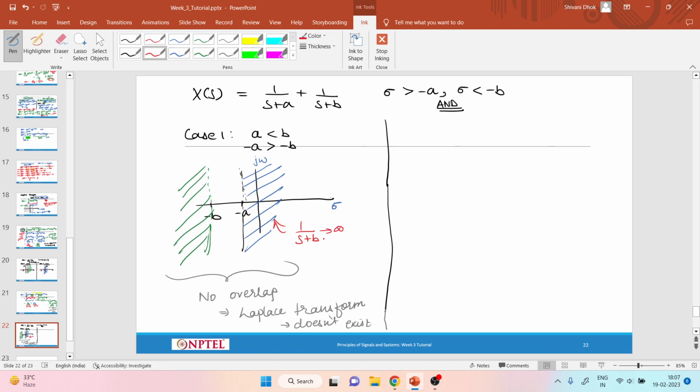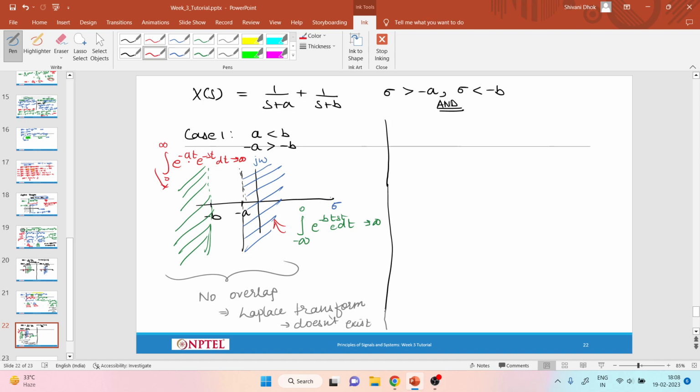Or rather, your integral corresponding to this one, minus infinity to 0 e power minus bt dt into e power minus st, will tend to infinity. If I consider this region, here 0 to infinity e power minus at e power minus st dt will tend to infinity. Means it won't converge to a finite value in any of these two regions.